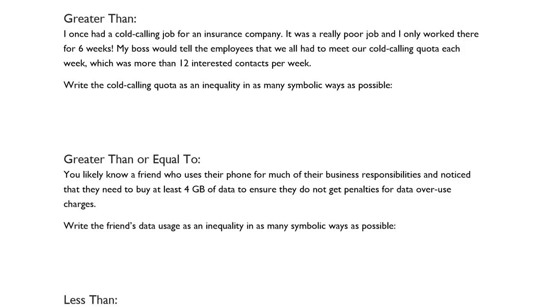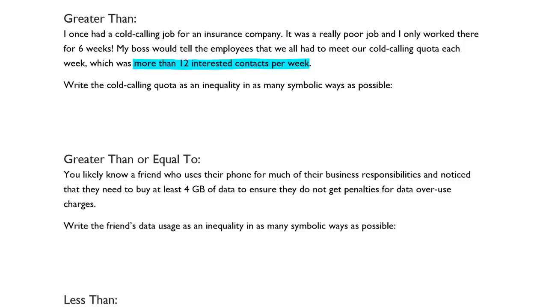If we met a cold calling quota that was more than 12 interested contacts per week, we need to write the cold calling quota as an inequality in as many symbolic ways as possible. So I'm going to go ahead and highlight the critical information here. It says we had to have more than 12 interested contacts per week.